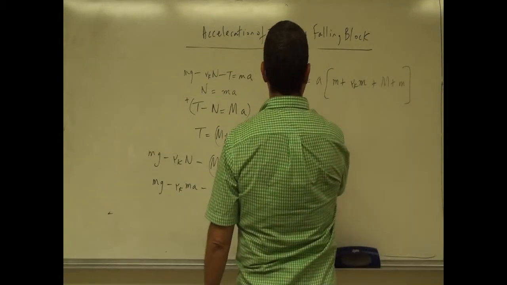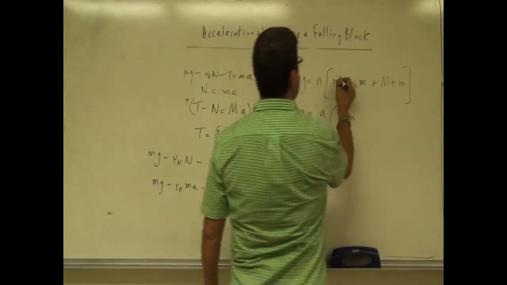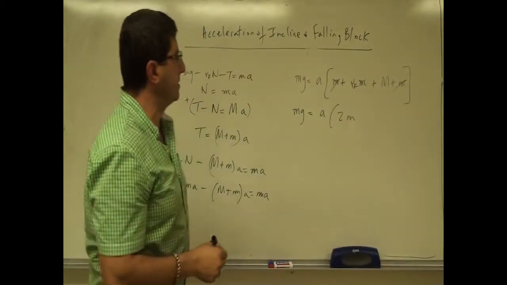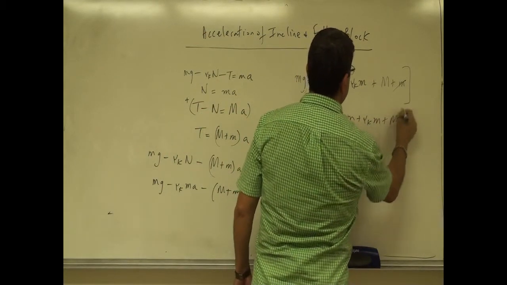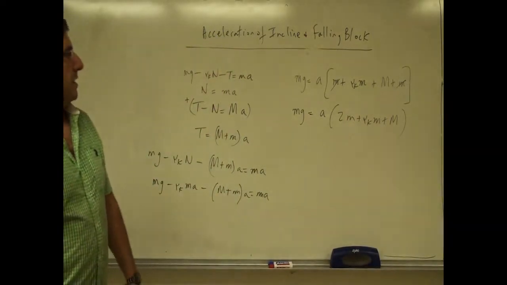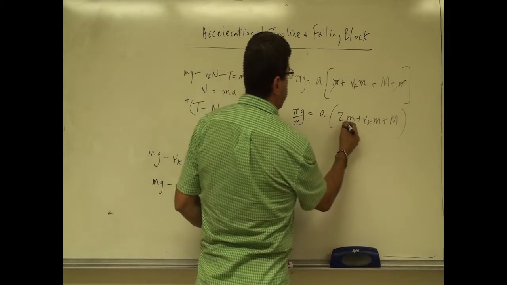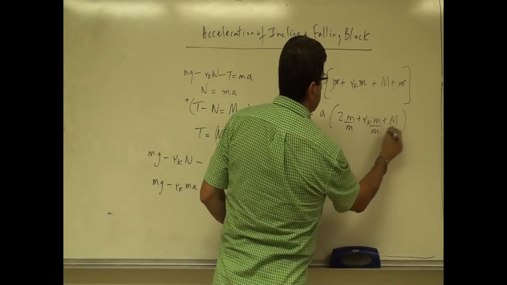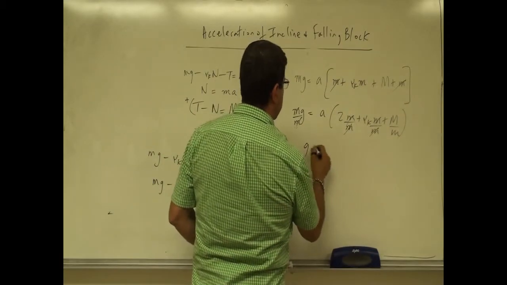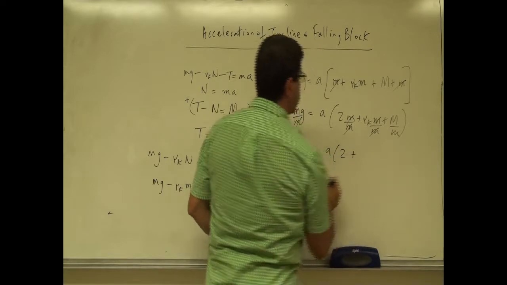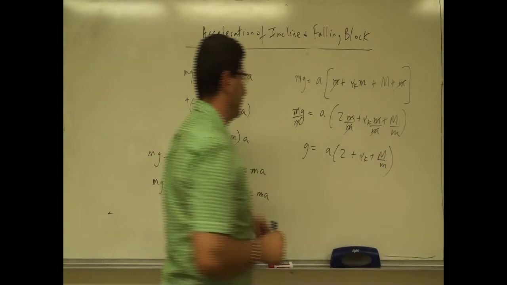So then this becomes mg equals a times 2m, so the little m and the m combine, plus mu k m plus big M. Okay? And to make it a little bit simpler, I can divide everything by little m. And then the little m cancels. Then I have here g is equal to a times 2 plus mu k plus big M over little m.